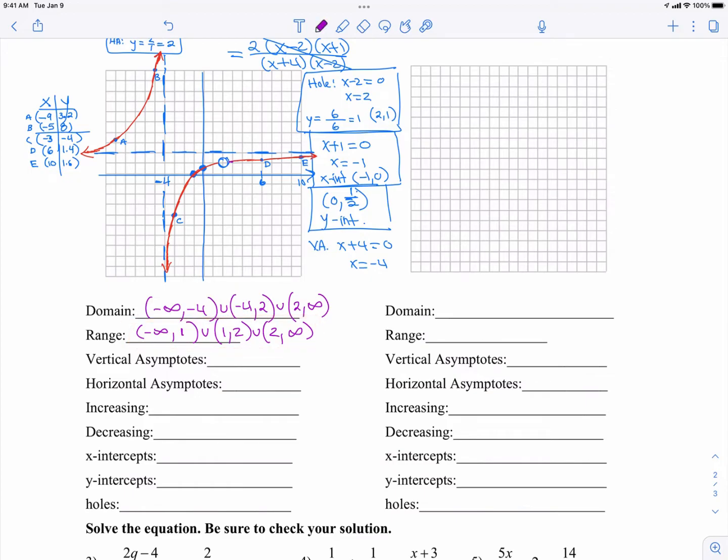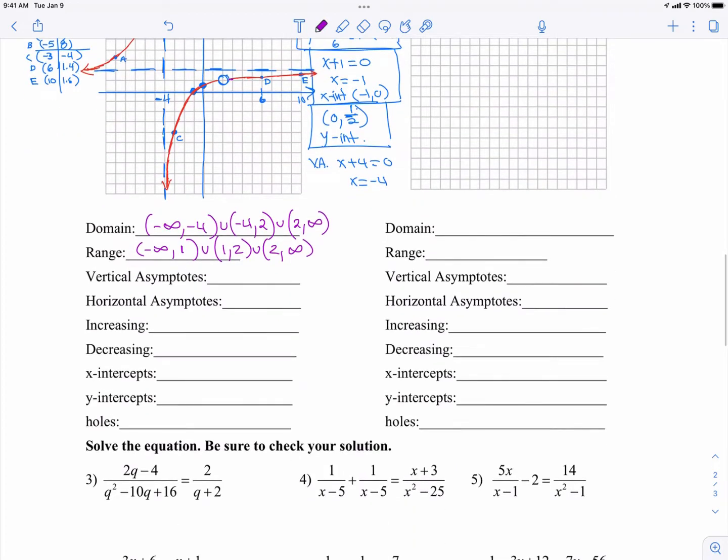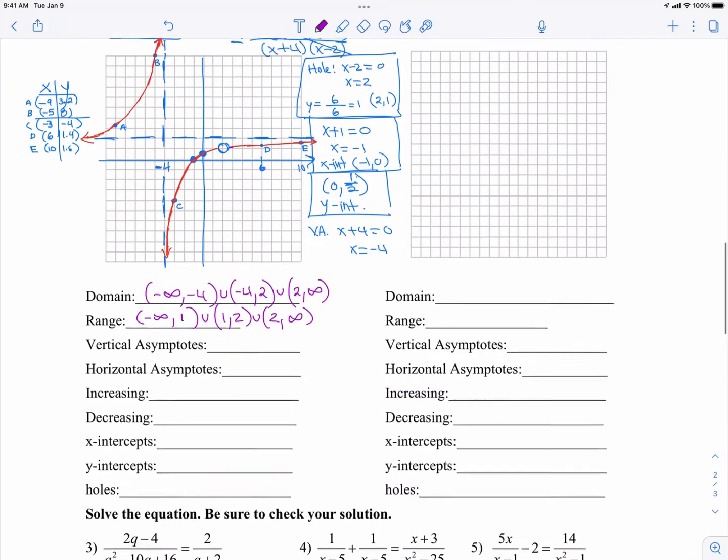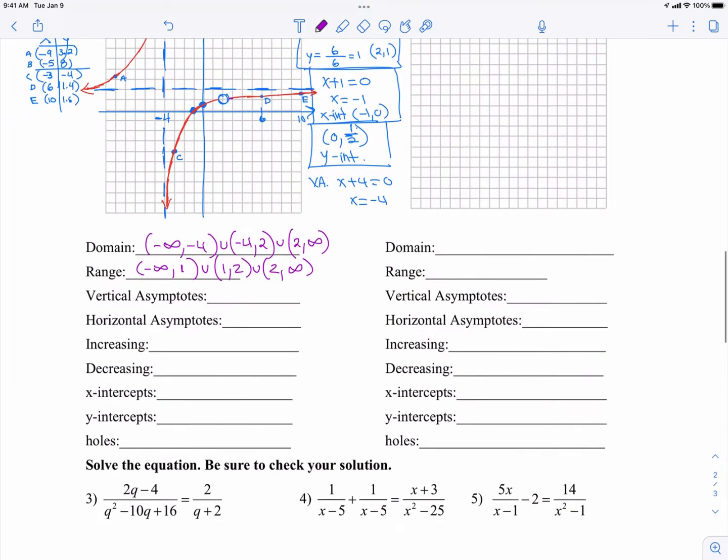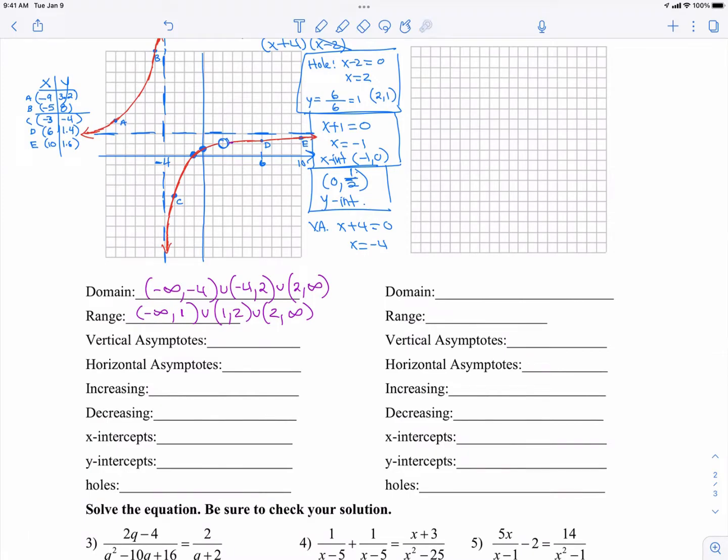All right, then we can fill in the rest of the items from what we've already found up at the top. Let's talk about the increasing and the decreasing parts. Okay, so if you're on this path, you're increasing from -infinity until you get to the -4 vertical asymptote. So increasing there, -infinity to -4, union.